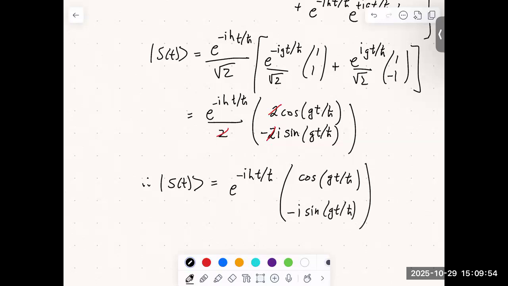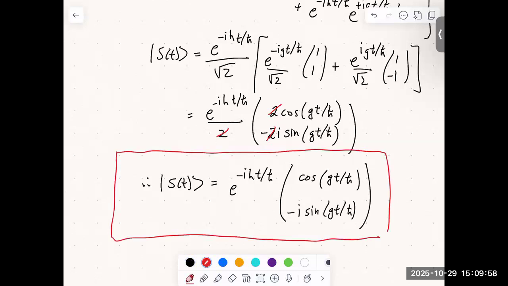Okay, and so that's the solution, and I want to think about what it means. What the solution suggests is, let's imagine we can find a time, these cosine and sine have the same arguments. So, for example, when t equals 0, cos of 0 is 1 and sine of 0 is 0.